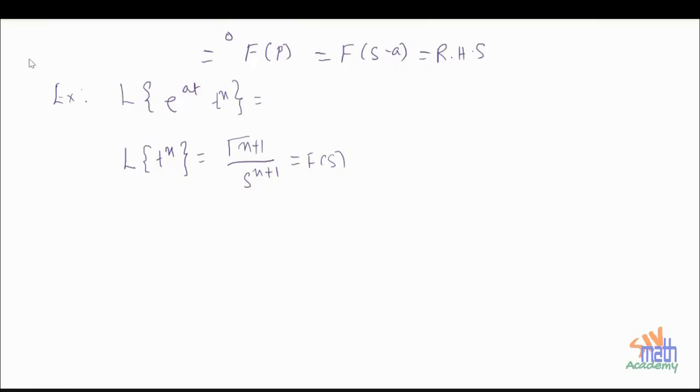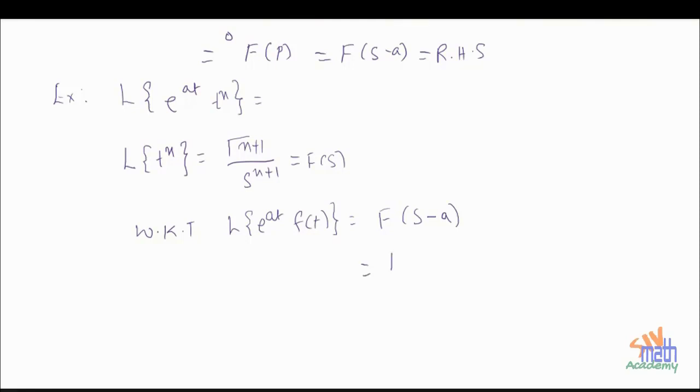So according to the previous theorem, we know that L of e power at into f of t is equal to f of s minus a. Accordingly, here f of s is equal to this.